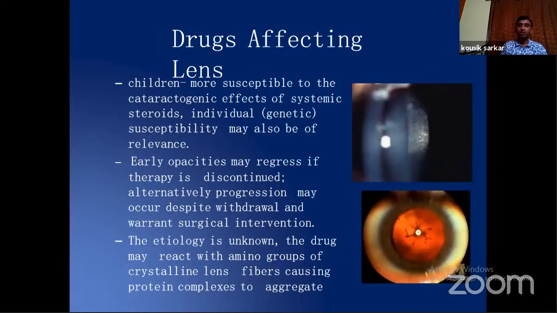Children are usually more susceptible to the cataractogenic effect of systemic steroids, and some individuals with genetic predispositions may also be affected by administration of steroids. Early opacities after steroid administration may regress if therapy is discontinued.